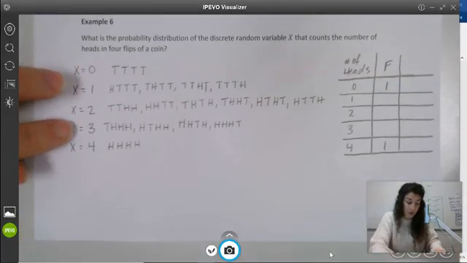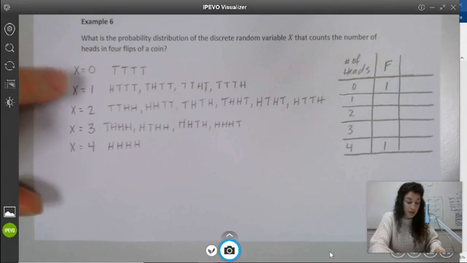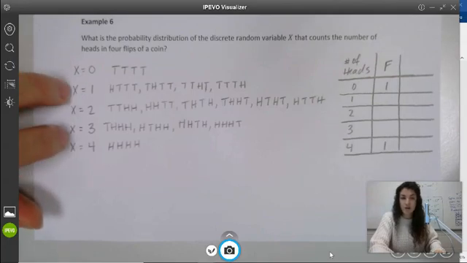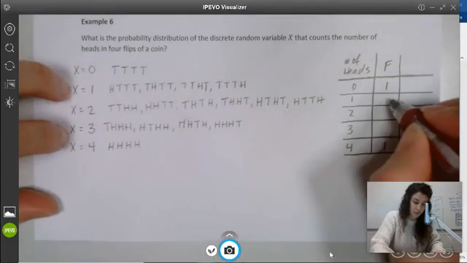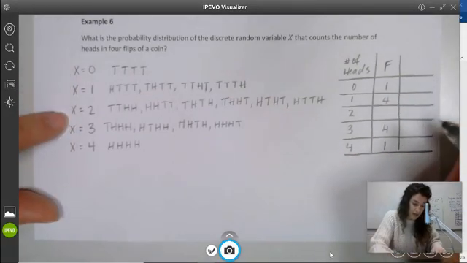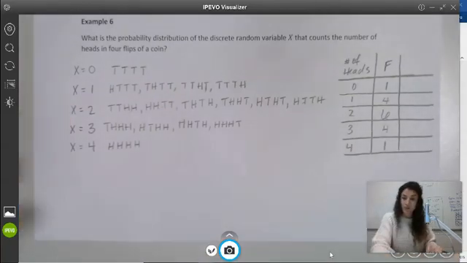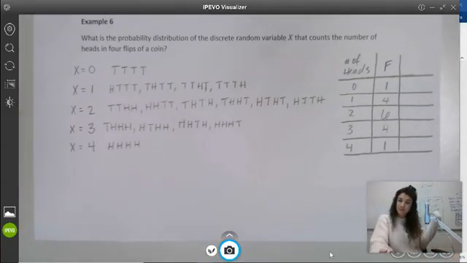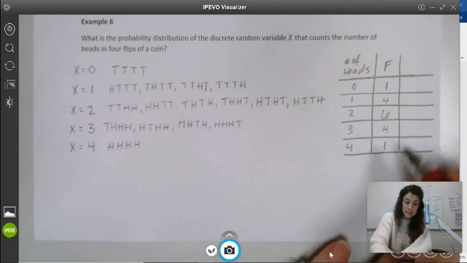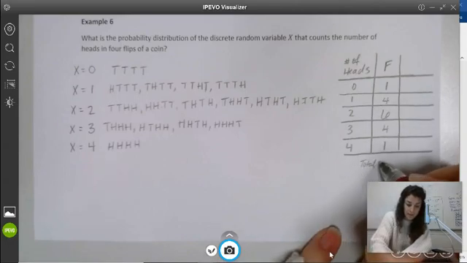Number of heads being 1 and number of heads being 3 have the same frequency. It's 4. And then 2 is 1, 2, 3, 4, 5, 6 different occurrences. That total is 16 if you add it up.